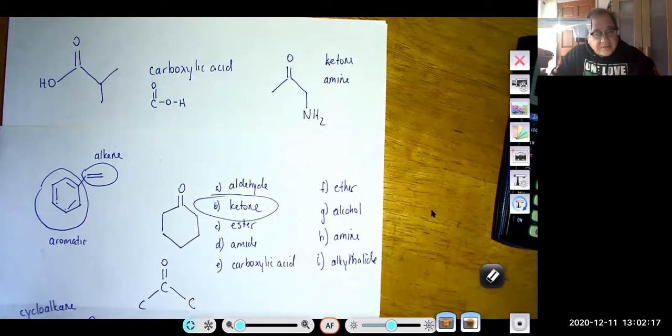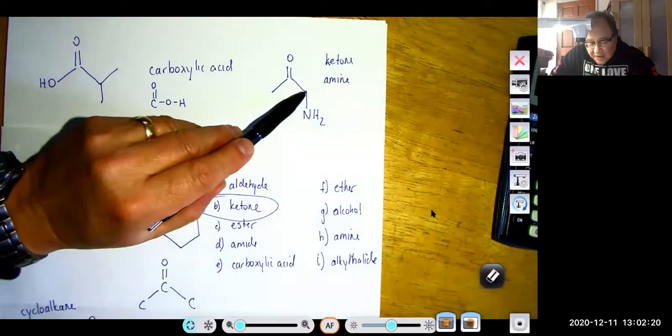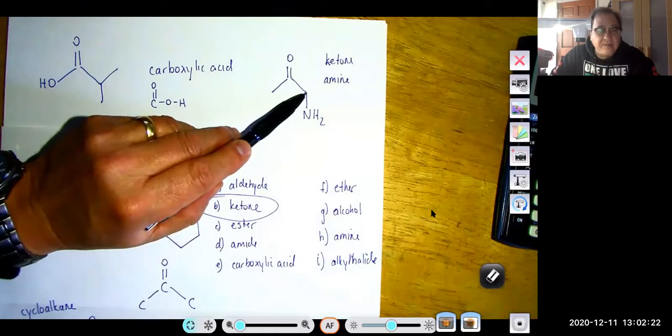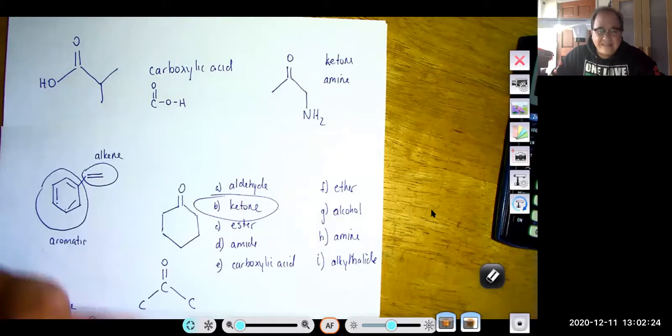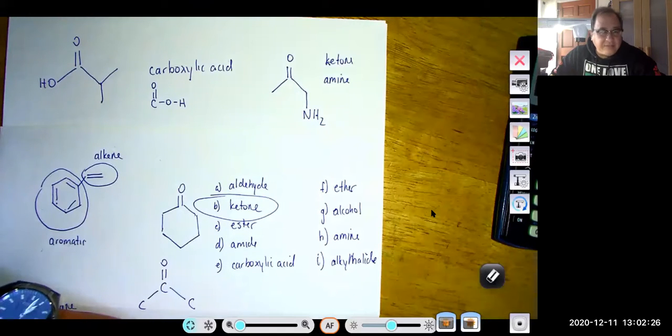The reason this is not an amide is because you need to have the double bonded oxygen right here on that carbon for it to be an amide. So it's an amine. Amines and amides can be tricky.